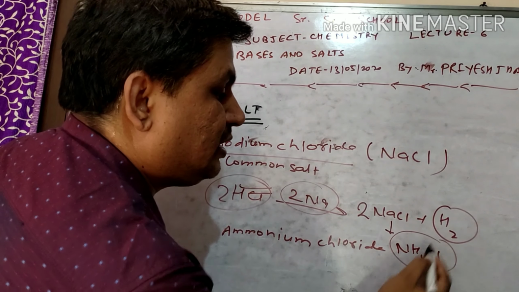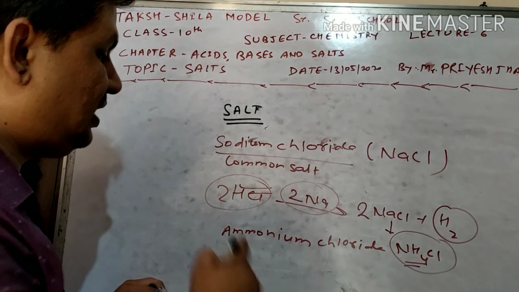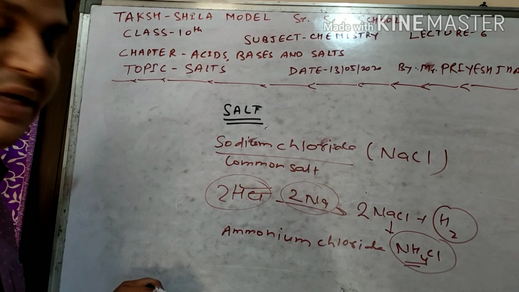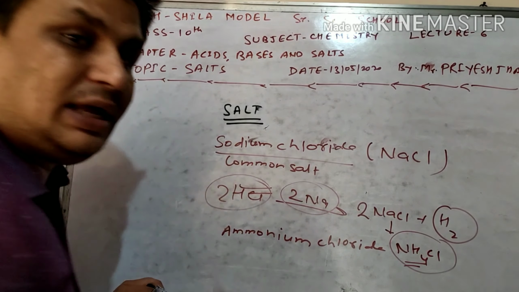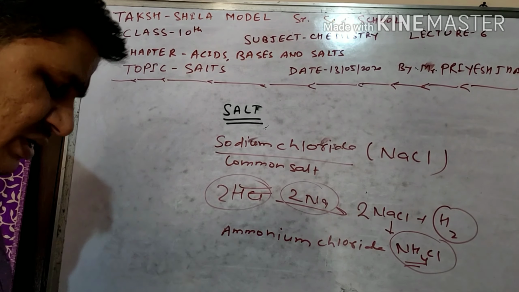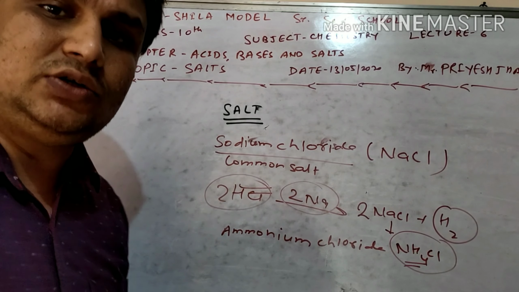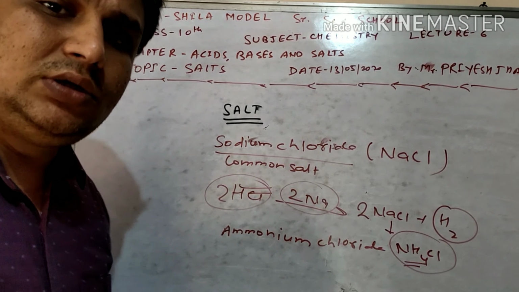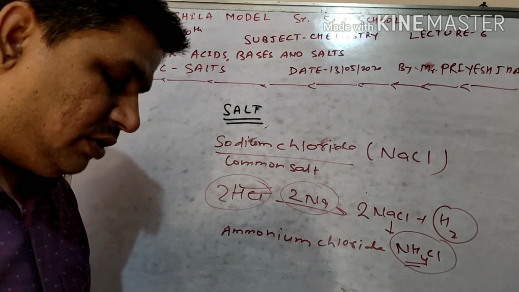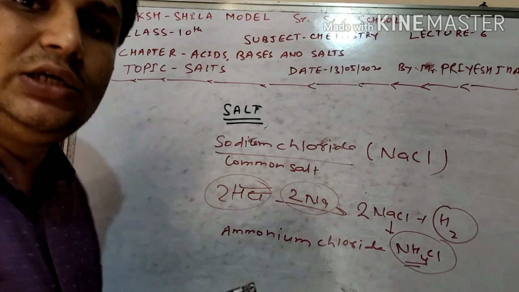In ammonium chloride, ammonium ions replace the position of hydrogen ions when dissolved in hydrochloric acid. So it is not compulsory that only a metal replaces the position of hydrogen. Any ion may replace it and form a salt.